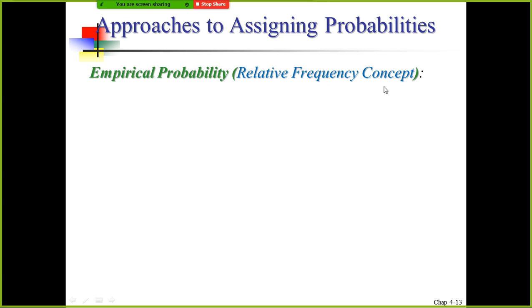We also know how to make a frequency distribution table from quantitative data, and construct a relative frequency distribution table from quantitative data. So empirical probability is similar in meaning to the relative frequency concept.